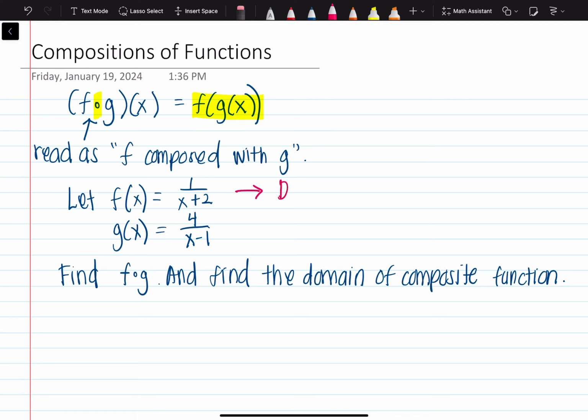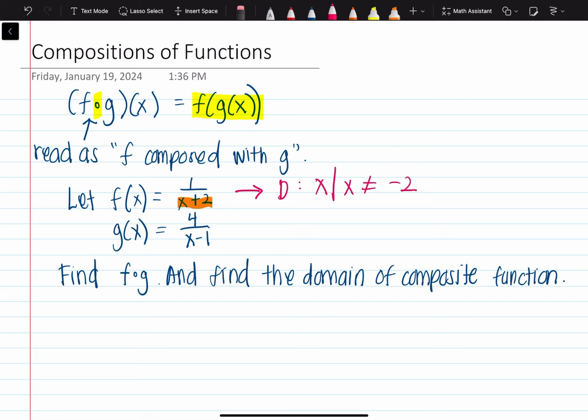The domain of f of x in this situation, because our equation is a rational equation, remember that we need to exclude the values that will give us 0 in our denominator. So for this first one, our domain will be x such that x cannot equal -2.